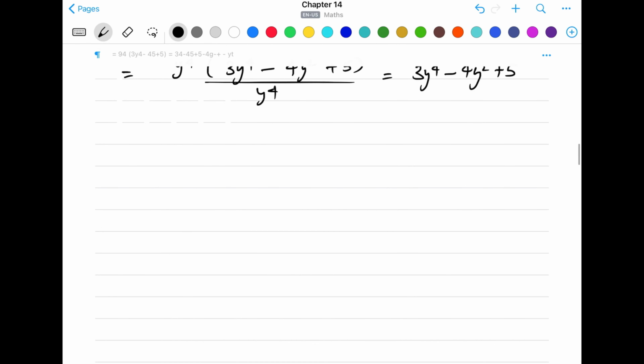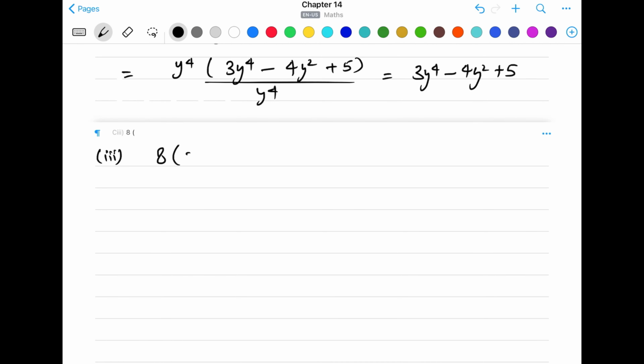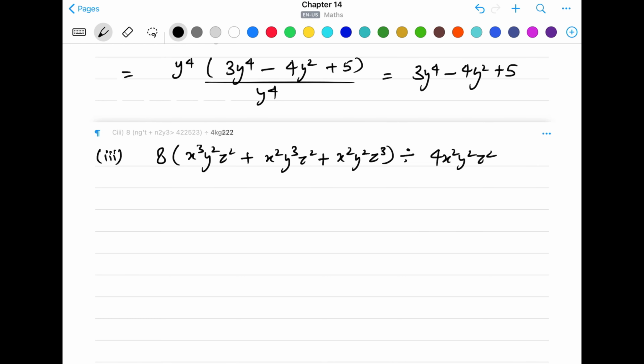Moving to the next one, part 3 of question number 2. We have 8x cubed y squared z squared plus x squared y cubed z squared plus x squared y squared z cubed, which we have to divide by 4x squared y squared z squared.